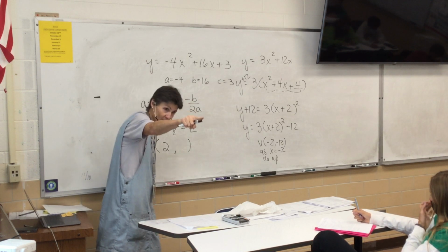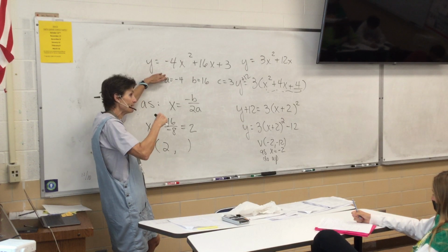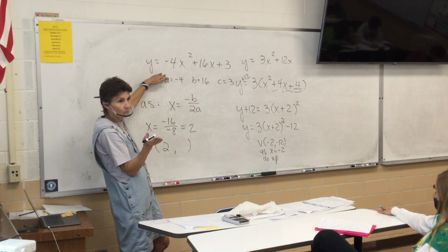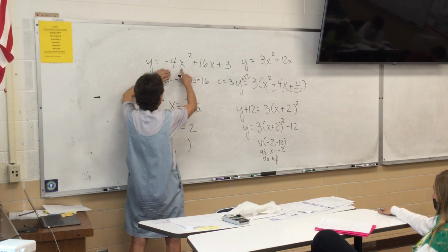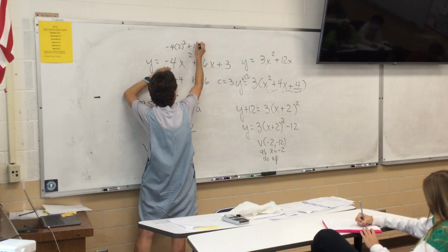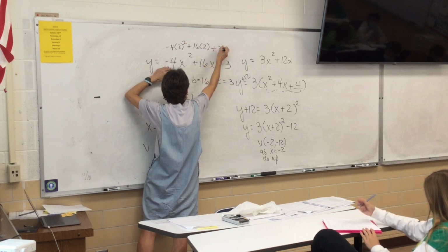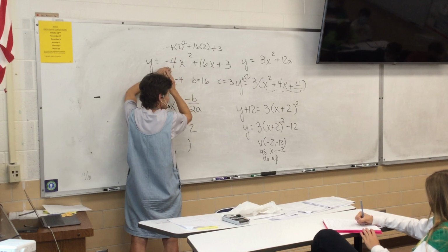And now I'll plug the 2 back into my equation, because if I know x, that's how I find y, always, always, always in every problem. So I'm going to plug 2 in. Please be careful when you plug it in, because you have to follow PEMDAS. So don't take negative 4 times 2, that's not right.